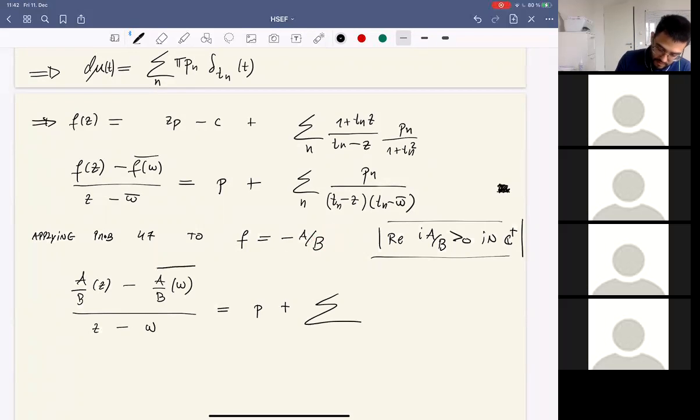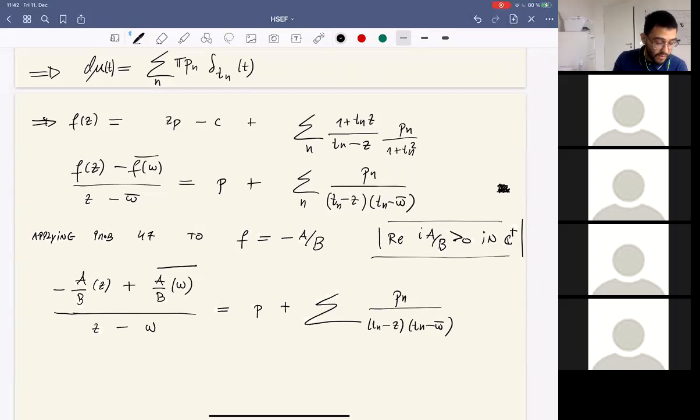Oh, this would be bar, sorry. And it should be a minus here, a minus there. Yes, and plus here, sorry. And then it should be a Pn here, and then a Tn minus Z, and a Tn minus W bar here. Okay, and we know what the Pn's are.